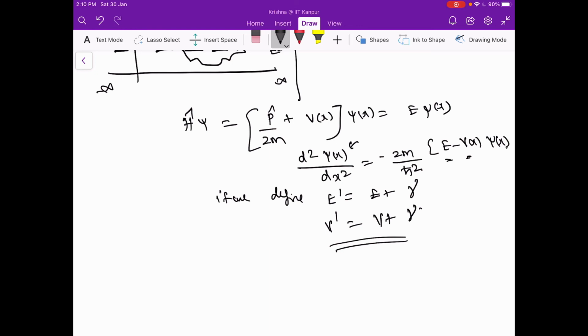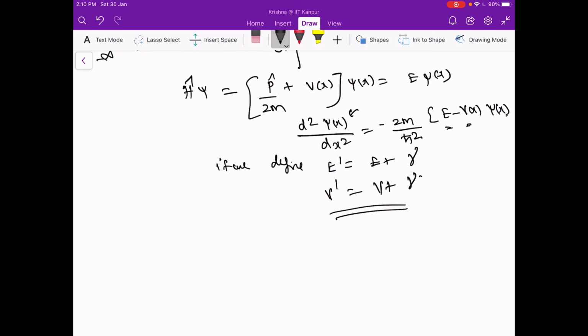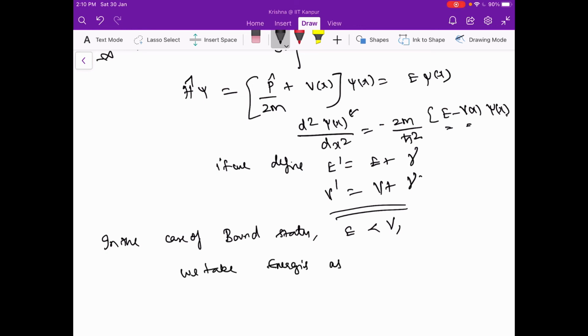All that is important for us is the difference between the energy and the potential, right? So in the case of bound states, where E is always less than V, we take the energy as negative.